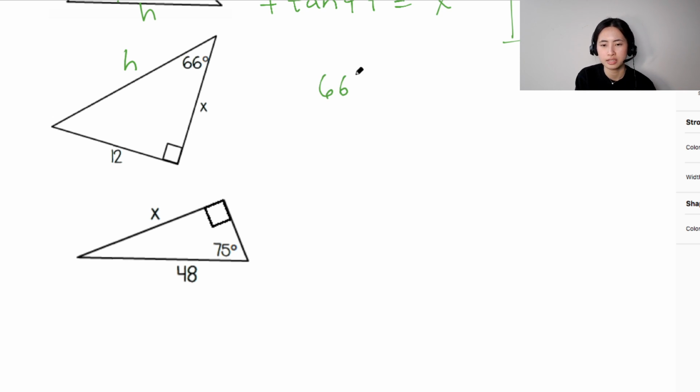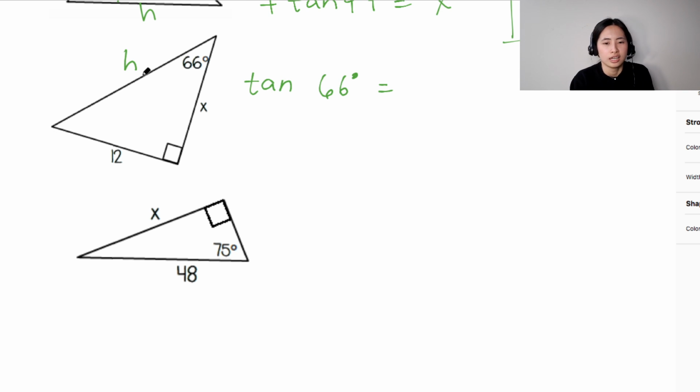So if you have 66 degrees, the only reason why you need to turn this into your numerator is because you can only use tangent, right? There's no adjacent over opposite, right? It's only opposite over adjacent for tangent. And you can't really use cosine or sine just because you don't have your hypotenuse, and there's no point of going to look for your hypotenuse even though you're applying the Pythagorean theorem after looking for x.